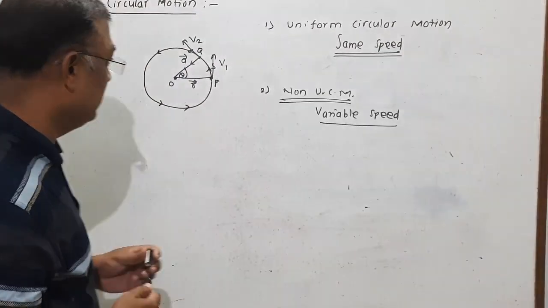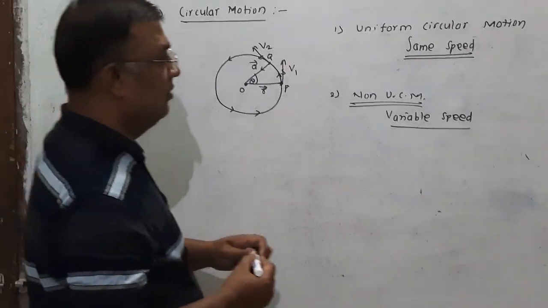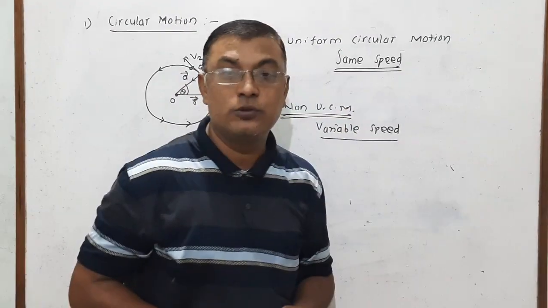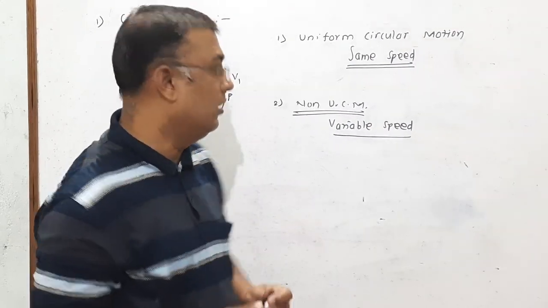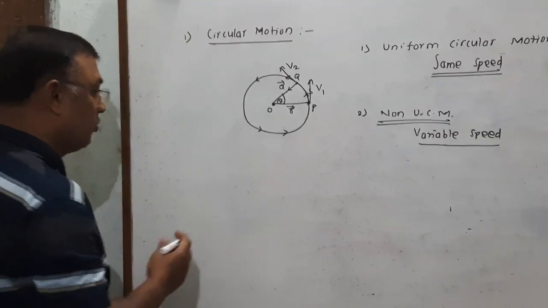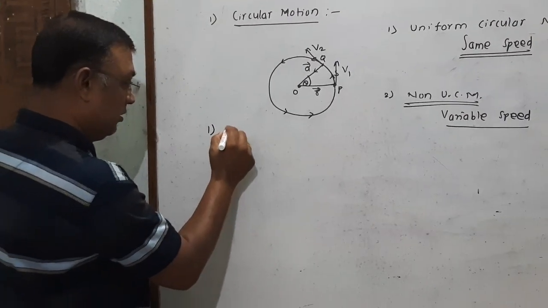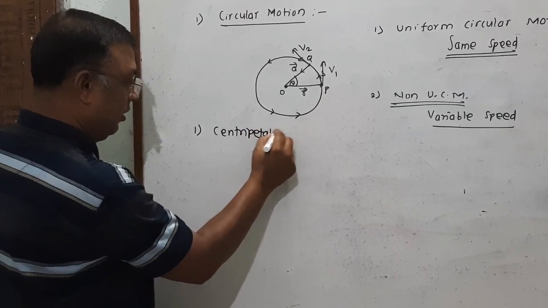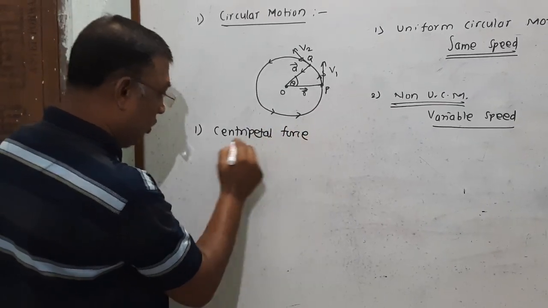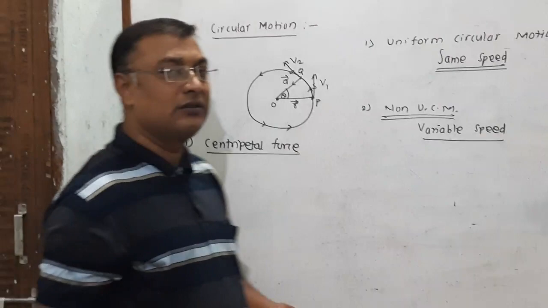Now let us hear what condition is required for uniform circular motion. The important condition for uniform circular motion is the centripetal force. The cause of circular motion is nothing but the centripetal force.